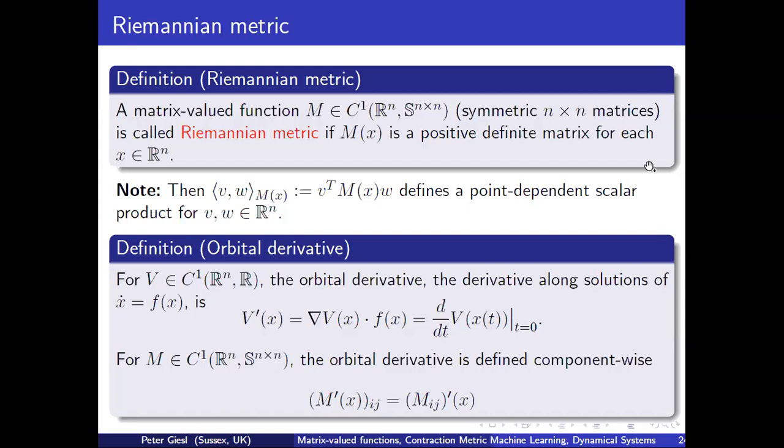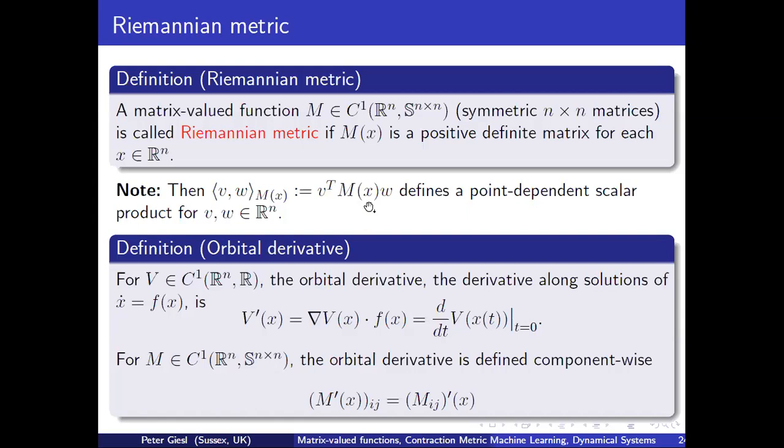So in this context, the Riemannian metric is just a matrix-valued function which defines a point-dependent scalar product. So we basically want a scalar product between vectors v and w in R^n, defined by this expression here. If M of x is the identity matrix, then it's the usual Euclidean metric, but here it's a point-dependent scalar product.